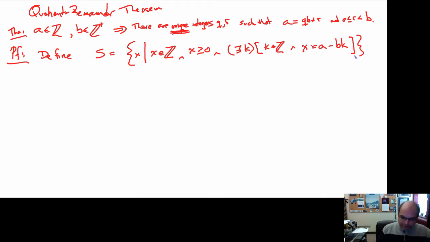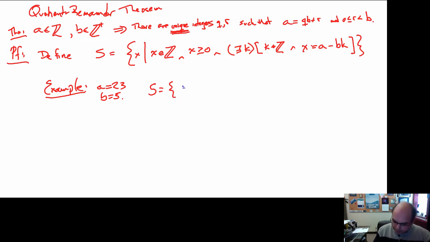Now let's think about this for a second. Let's look at an example. As before, let a equal 23 and b equal 5. The set we're talking about is going to have a whole bunch of numbers that look like a minus something times b.